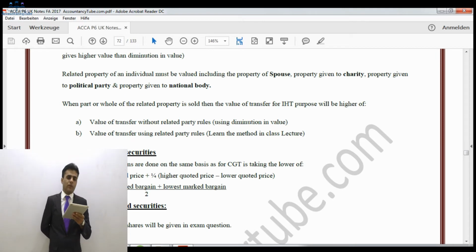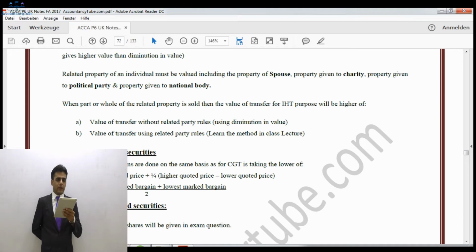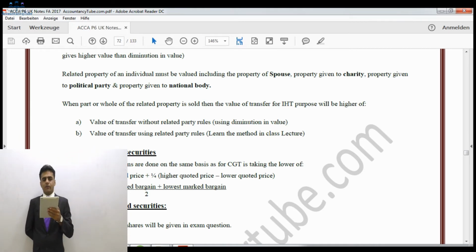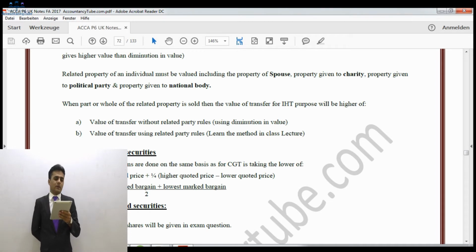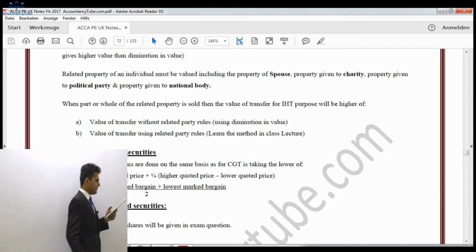So it is general information, and you just have to copy from the notes and paste it into your exam paper so that you will get the full marks. However, sometimes the examiner asks you specifically relevant to the scenario. In that case, you will have to incorporate it into the scenario.